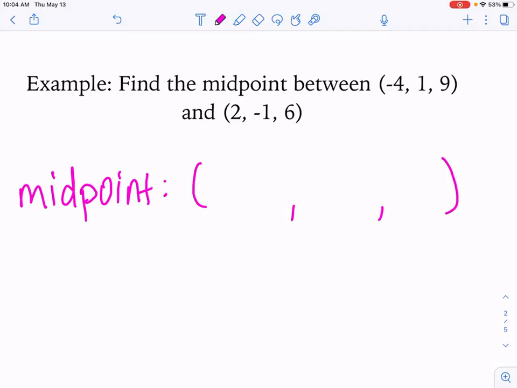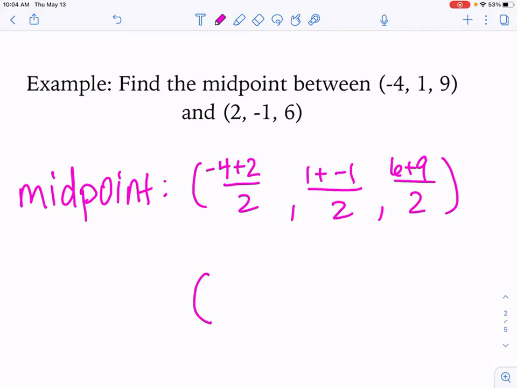Okay, so our midpoint, we're going to add our x's, divide by 2, add our y's, divide by 2, add our z's and divide by 2. So our midpoint would be, help me out, -1, 0, 7.5, 15 halves. Don't really care how you write it. Well, I do care. Don't do a mixed number. Either 7.5 or 15 halves. Do not write 7 and a 1/2. Okay. All right, can you handle that?